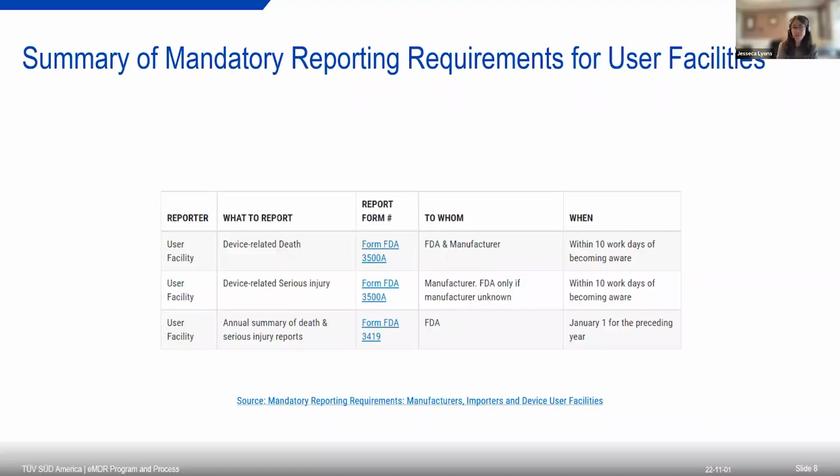From the manufacturer or importer standpoint, what are some recommendations on helping you keep track of some of these events that may have occurred? Maybe it gets reported from the user facility. How do you ensure that you're staying on top of that as a manufacturer or an importer?